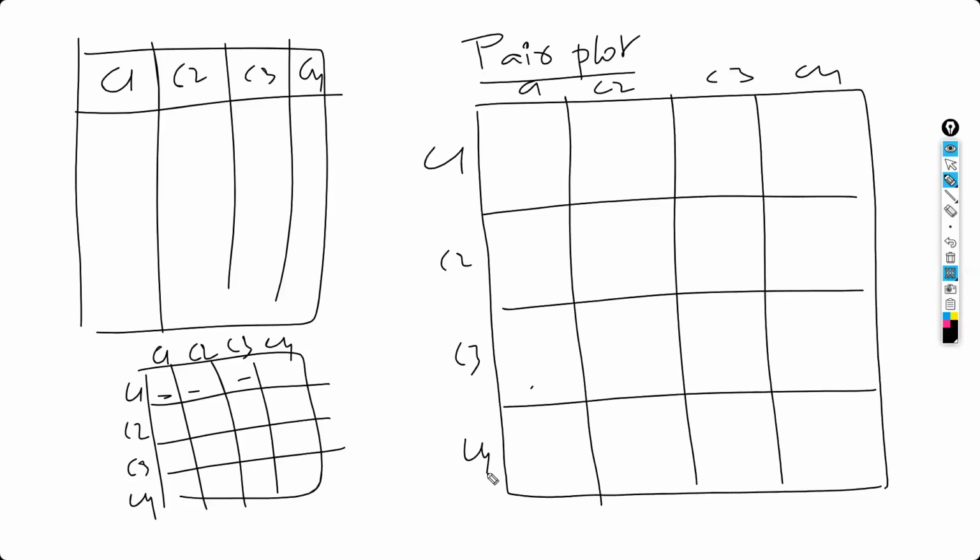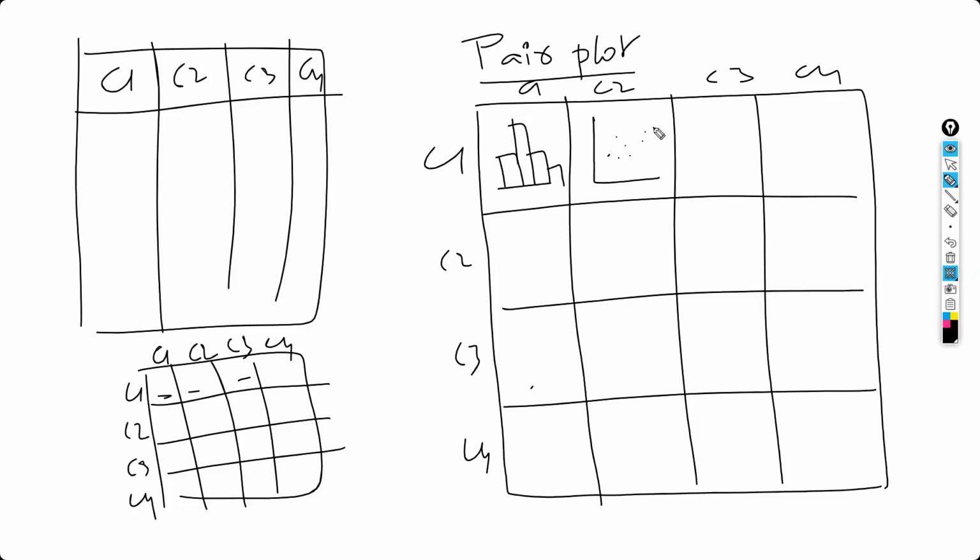Only continuous. Now, between C1 and C1, since both of them are the same variable, it is going to give the histogram. For two different variables, it will give the scatter plot.